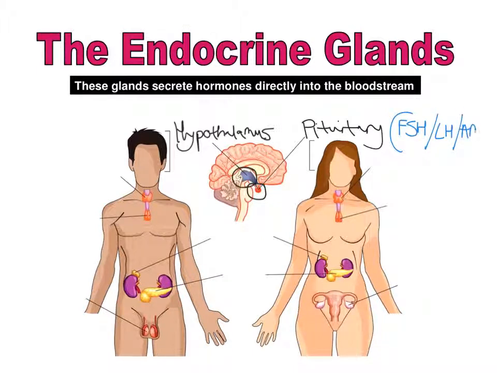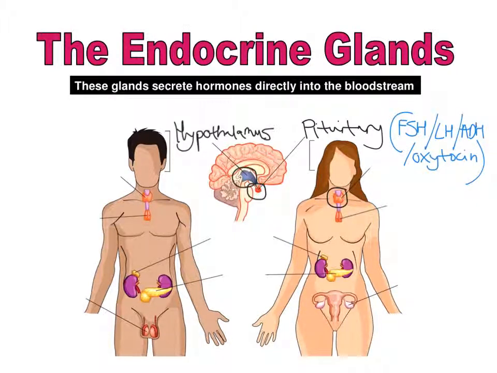We have ADH, antidiuretic hormone involved in osmoregulation, controlling water level in the kidney, but also ones like oxytocin, which are involved in the suckling reflex, the production ultimately of breast milk during pregnancy.